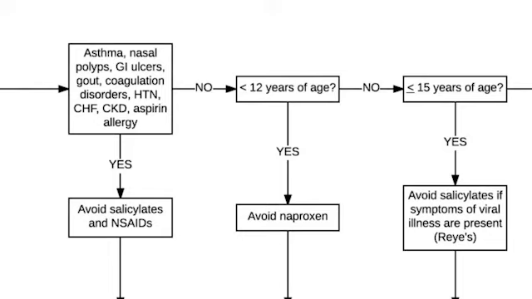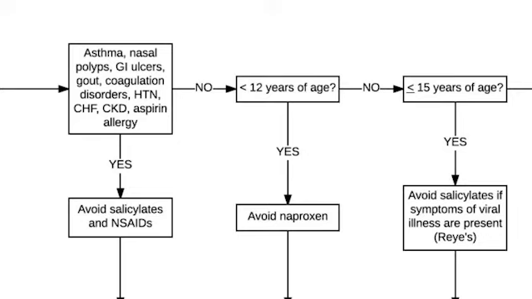And if they're less than 15 years of age, we really need to stay away from salicylates if they have viral symptoms present, because that can lead to Reye's syndrome, and that can be a very dangerous complication. So remember, we've got to look at all of these exclusion criteria first. If we don't meet any of these, now we can start thinking about recommending therapy.